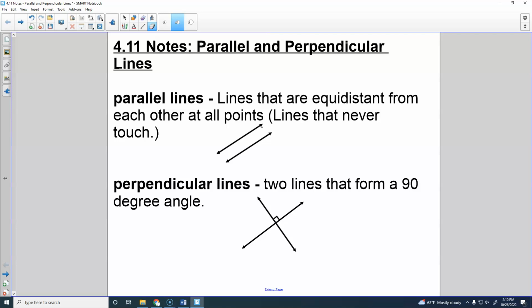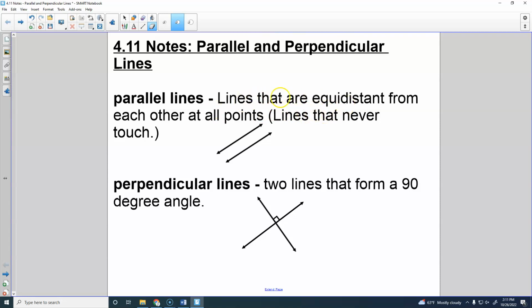What's a plane? We call the graph that we have right here the coordinate plane. A plane is a flat surface that extends out forever, right? So the coordinate plane, like the XY coordinate plane, in that plane, any lines that are equidistant from each other are going to be lines that never touch.